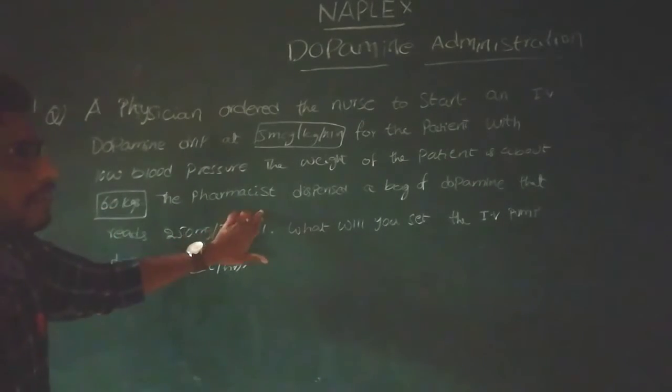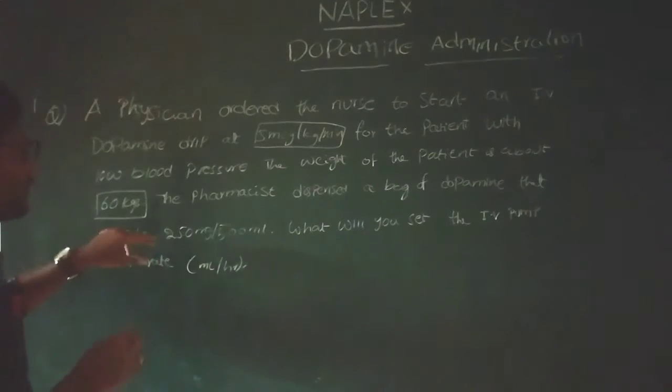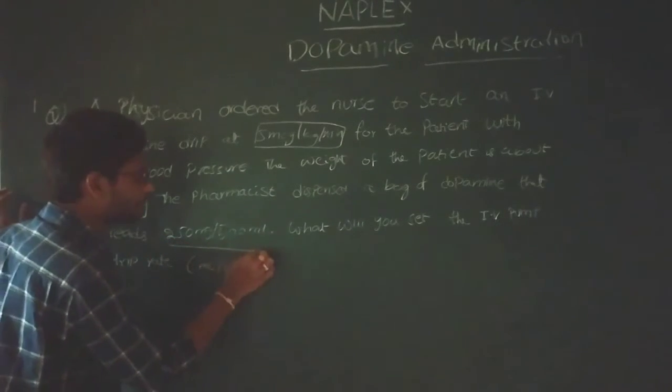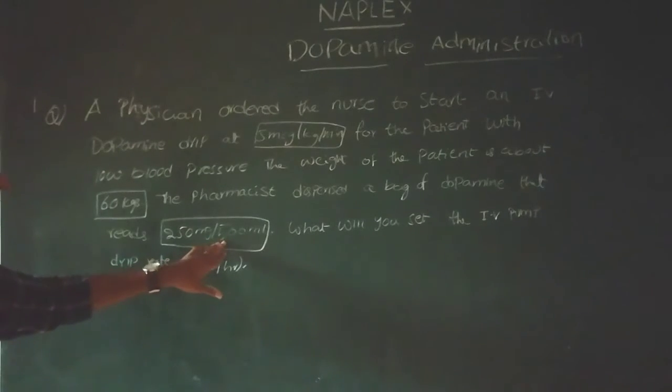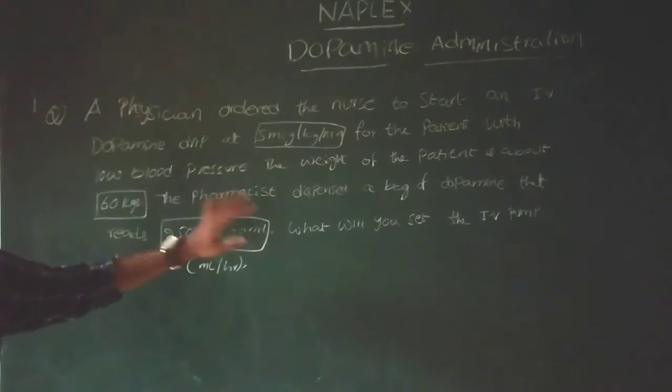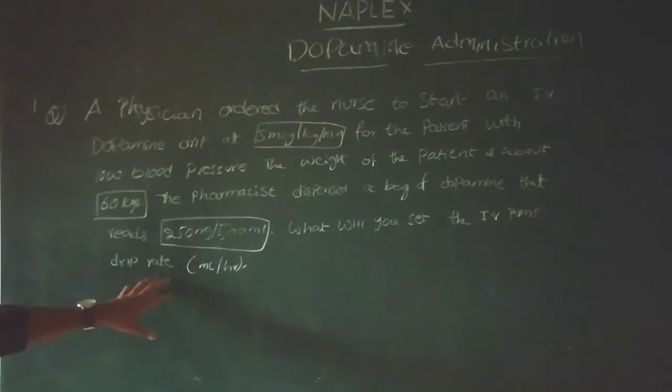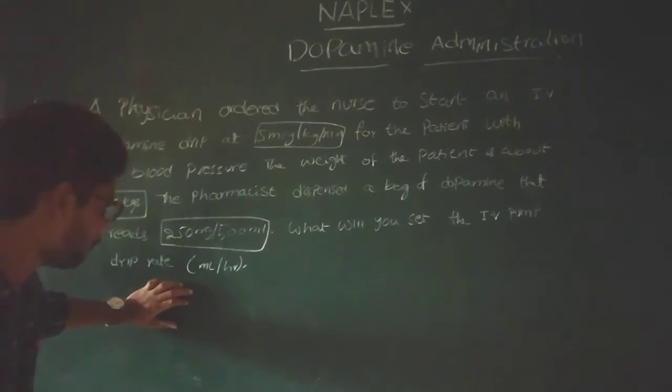The pharmacist dispensed a bag of dopamine that reads about 250 mg per 500 ml. So here the pharmacist has dispensed the already diluted form of dopamine in 500 ml. Okay, so what will you set the IV pump drip rate in ml per hour? So we have to know the flow rate of this dopamine IV infusion.